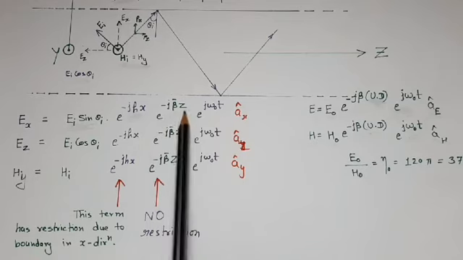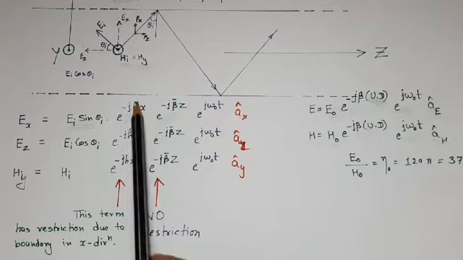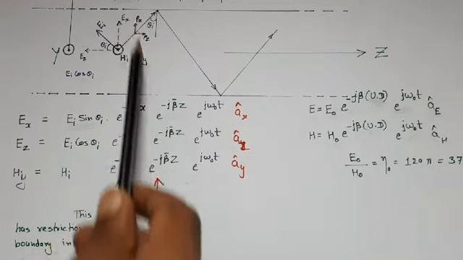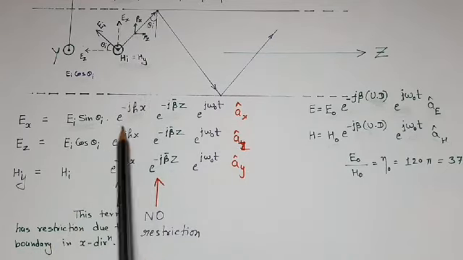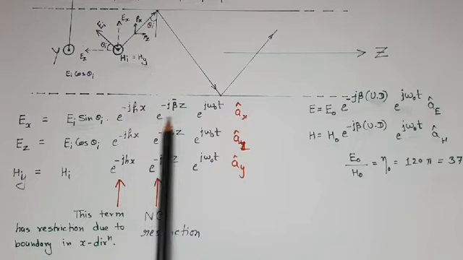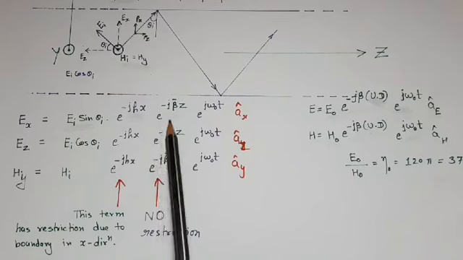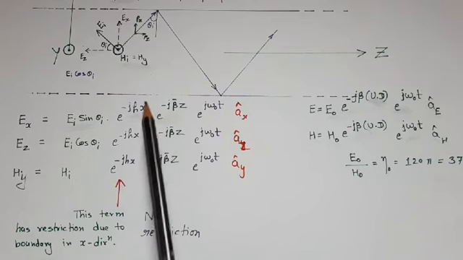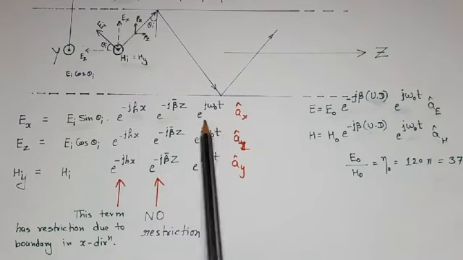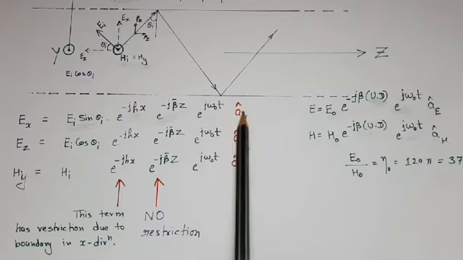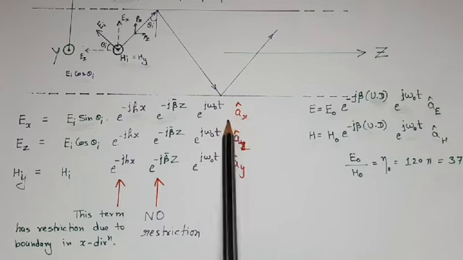As in X direction the wave will encounter some boundaries, that's why there would be some restriction on this term. As in Z direction there is no boundary, so there will not be any restriction for this term. Now because this Ex component is time varying also, so we write e power j omega naught t into Ax cap, because this component is in X direction.